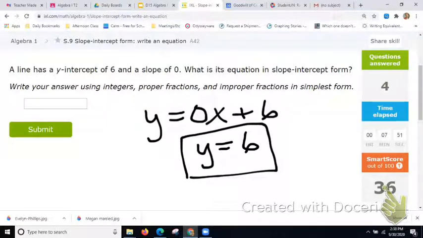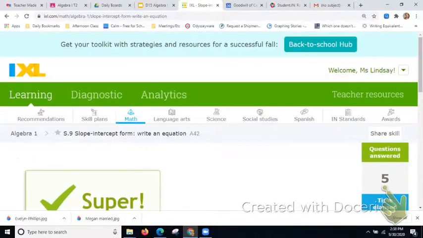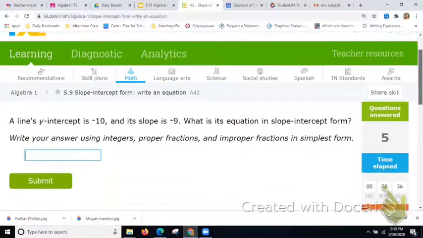I'm going to test it and see if IXL would take it if I wrote the 0. If I wrote y equals 0x plus 6. Okay, but just know it's the same thing as if I just wrote y equals 6. It would just be one of our horizontal lines from yesterday.